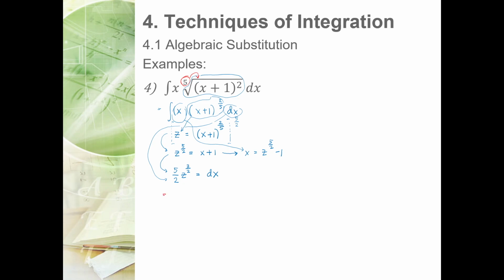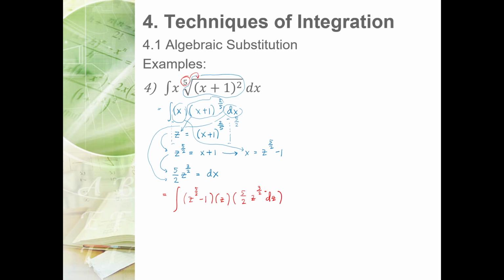Okay, so replacing the terms. x now becomes z to the power of 5 halves minus 1, and this becomes the z parameter. And then dx becomes 5 halves z to the power of 3 halves dz.